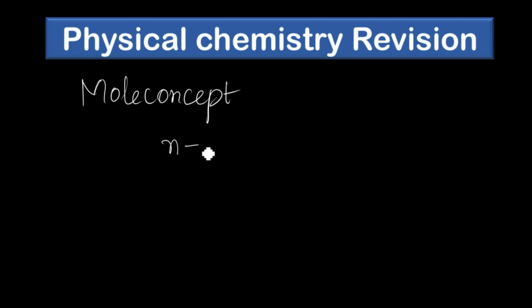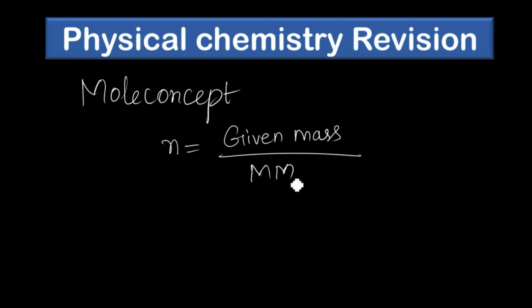The first thing we have to know is how to find the moles. It's nothing but the given mass by molecular mass, or molecular weight, or if they are asking for gram atom, the gram atomic mass. Given weight by molecular weight is fine.